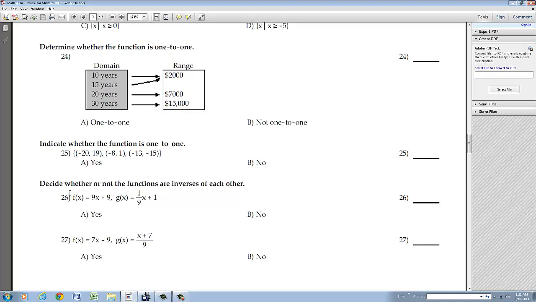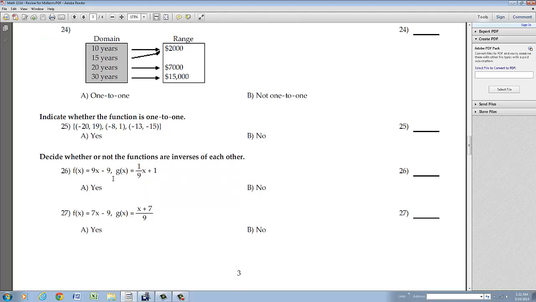The next one. Decide whether or not the functions are inverses of each other. 2 functions are inverses of each other if you take the composition of one with the other, it has to give you x. Okay, so here's the way you do it. You replace this x by this quantity right here. So you put it right there where the x is.